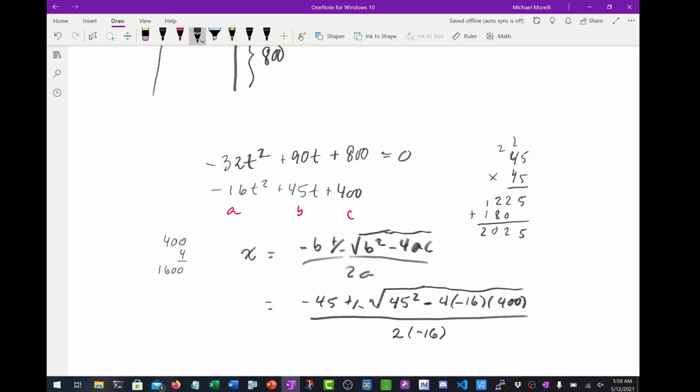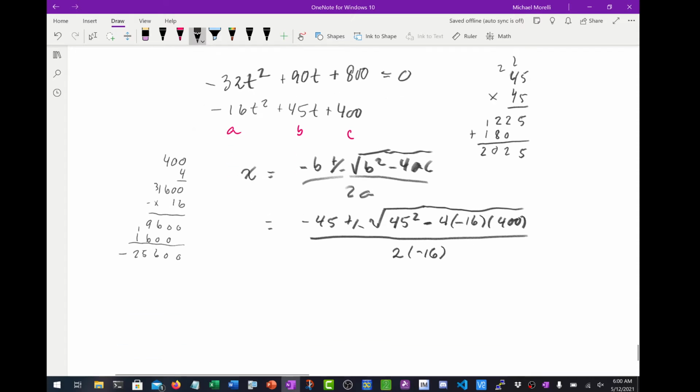And then to multiply that times negative 16, we'll multiply this out. 1600 times 16 is 25,600. But it's negative.